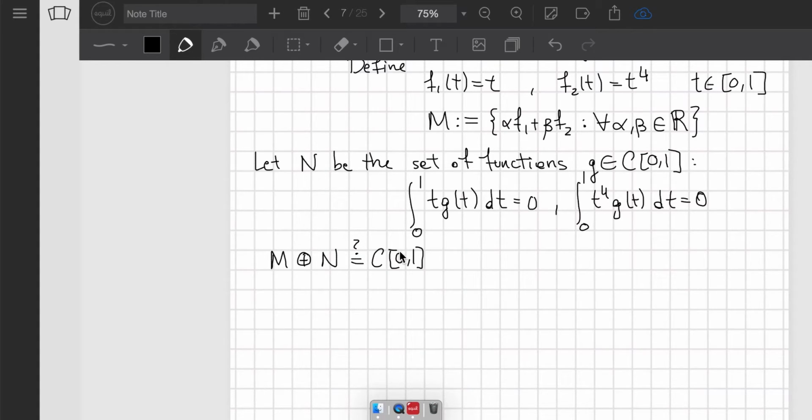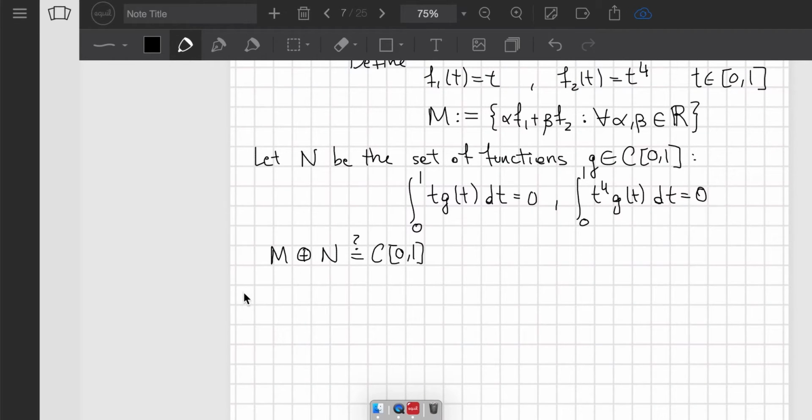Okay, so let's see. How can we prove this? Well, the very first thing we have to do is show that M and N are subspaces of C. So how can we do that?